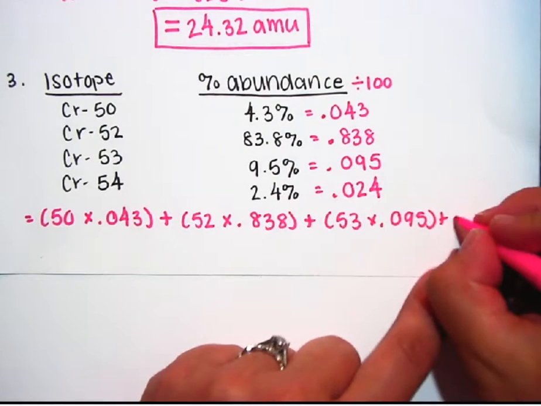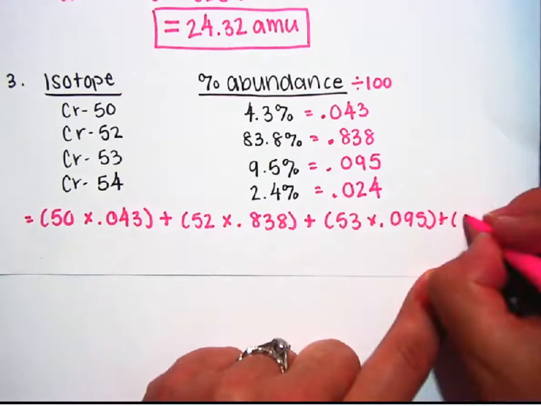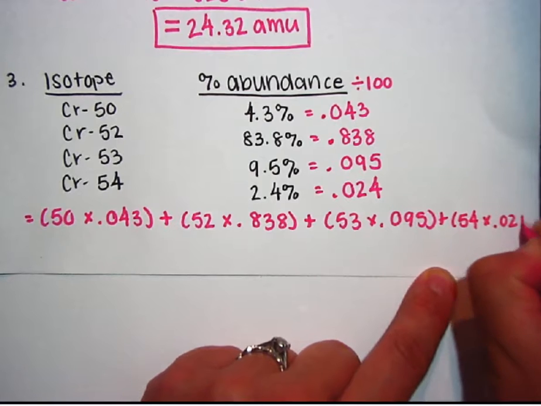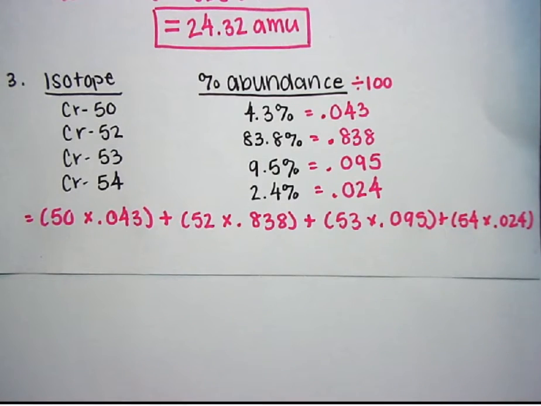I'm going to have to write small, running out of room. Mass of the fourth isotope times its abundance.